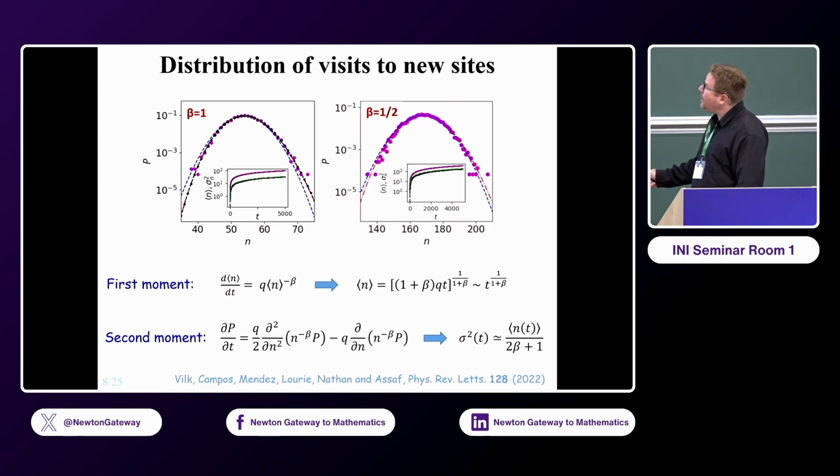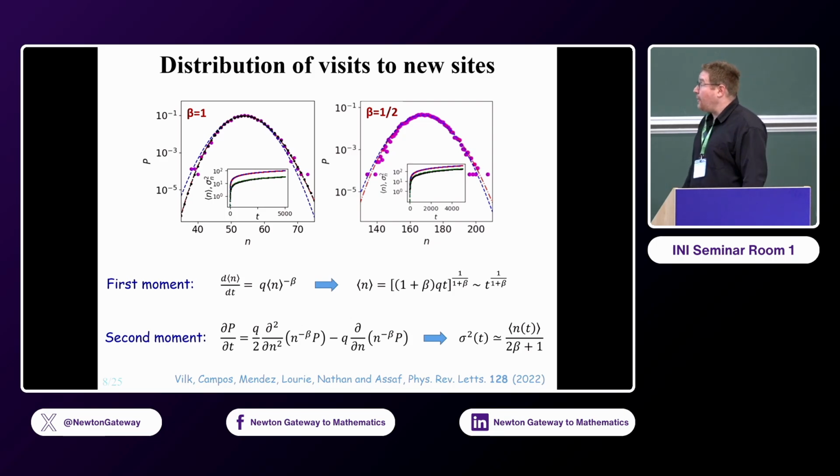Here you see the black dashed line is the exact solution, the red dash-dotted line is the WKB, and the circles are the numerical simulations, and they agree very well. This is for beta equals 1. For beta equals 1/2, we took other parameters, and we could no longer calculate the exact solution, so only the WKB approximation holds here, and it agrees very well with the numerical simulation.